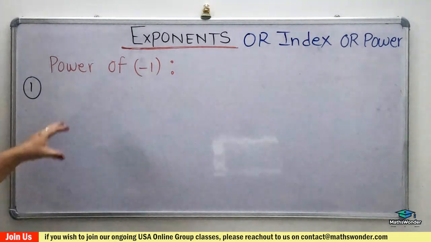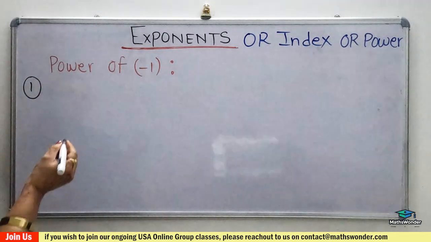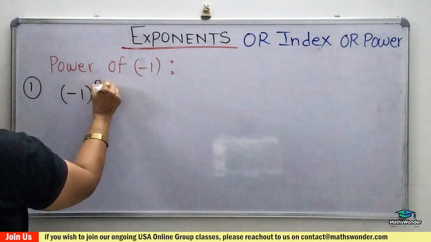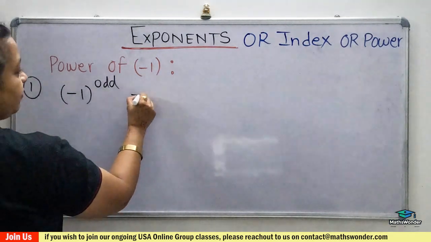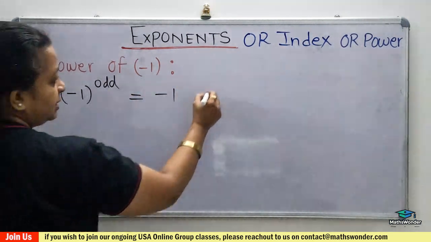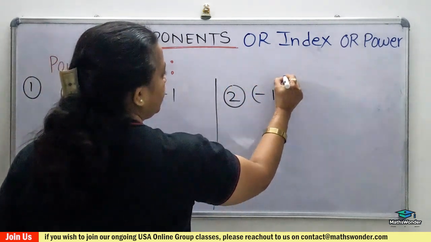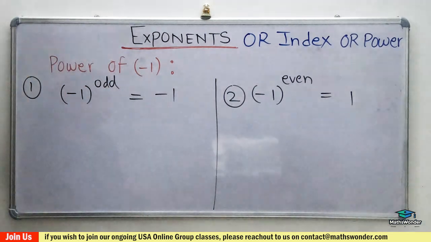So next is power of -1. There are also two variations. If -1 is raised to an odd power, it will always give the answer -1. The second variation is if -1 is raised to an even power, it will give the positive answer.